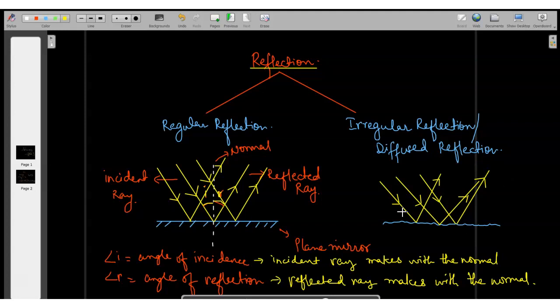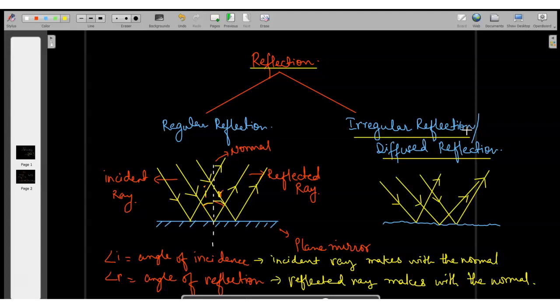Okay, so such kind of reflection where the light rays after reflecting are not parallel to each other occurs when light rays fall on a rough irregular surface, and this is known as a diffused or irregular reflection.